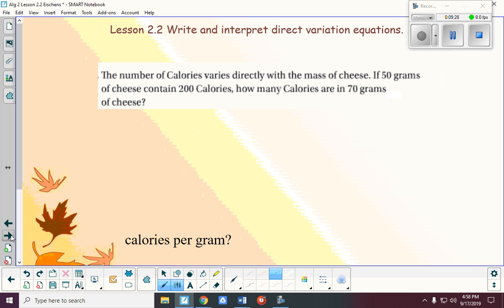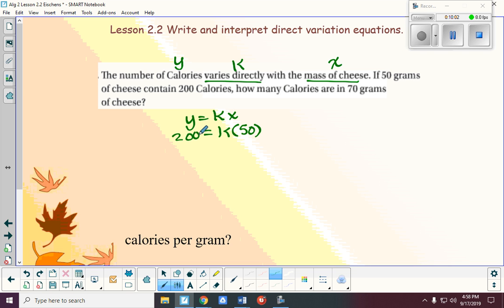Another problem, the number of calories varies directly with the mass of cheese. Varies directly, that's a K. The number of calories, we'll call that Y, and the mass of cheese, we'll call that X. So Y equals KX. So in the first example, they say if 50 grams of cheese, well, that's the mass, and so that's an X, contains 200 calories. The calories are the y.